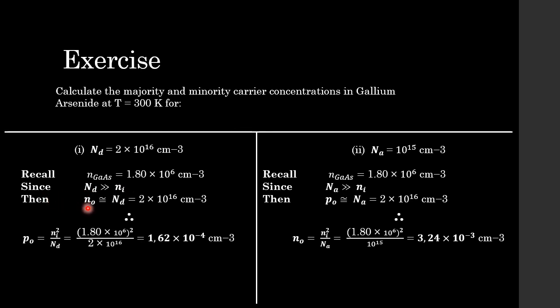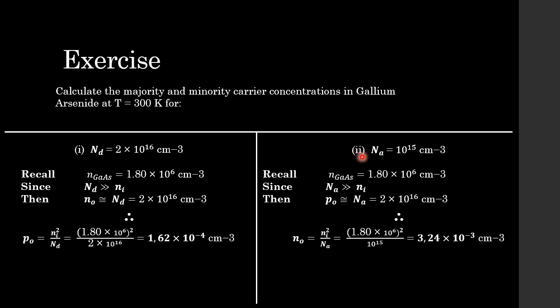Therefore, we can approximate the electron concentration to be equal to the donor concentration, and therefore we can calculate our hole concentration, which is 1.62 times 10 to the minus 14. And because this is an n-type semiconductor, we have more donor than holes, and we can see that the free electrons, which are at 10 to the 16, are the majority carriers, and the holes, which are 10 to the minus 4, are the minority carriers.